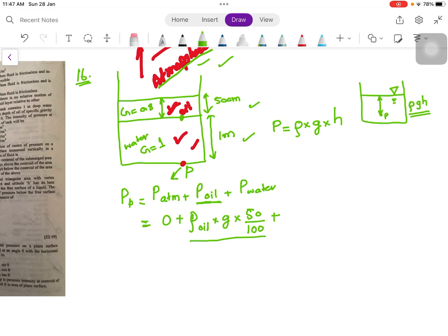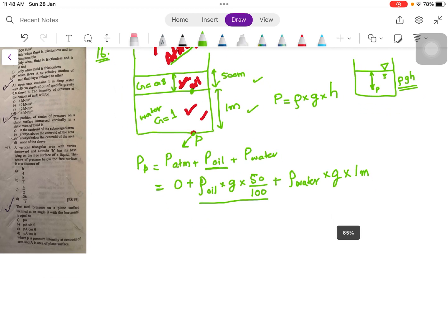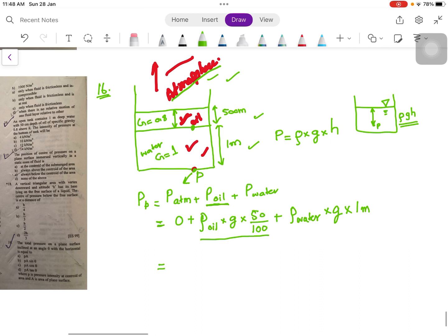All right, then the pressure due to this layer of water equals the density of water times the acceleration due to gravity times the depth of the layer of water, which is 1 meter. All right, so what we have done is, in order to find the pressure at the point P, we have taken the sum of the pressures above this point. The first pressure is due to the layer of water, which is this.